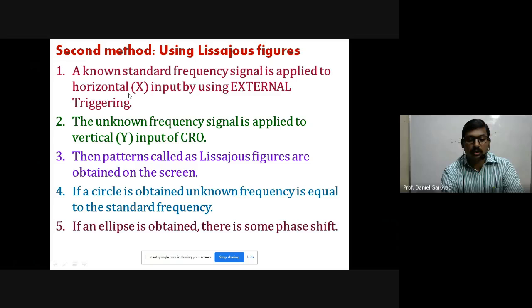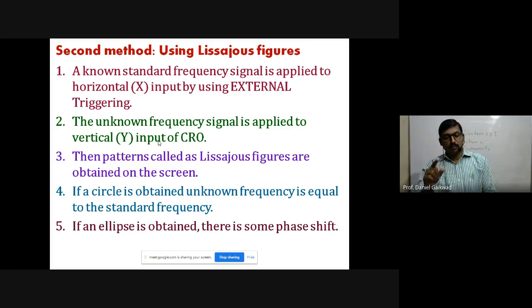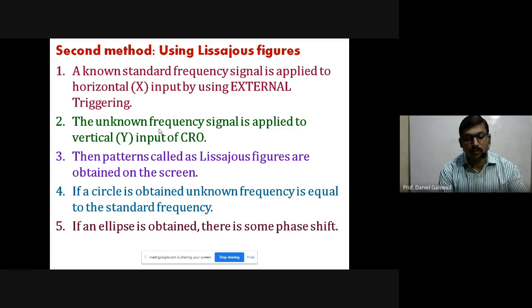One is the known signal given to X, the unknown signal is given to Y. Now check carefully, the pattern called Lissajous figures is obtained on the screen. These two signals X and Y overlap and interfere with each other, and because of that figures are produced on the screen of the CRO.